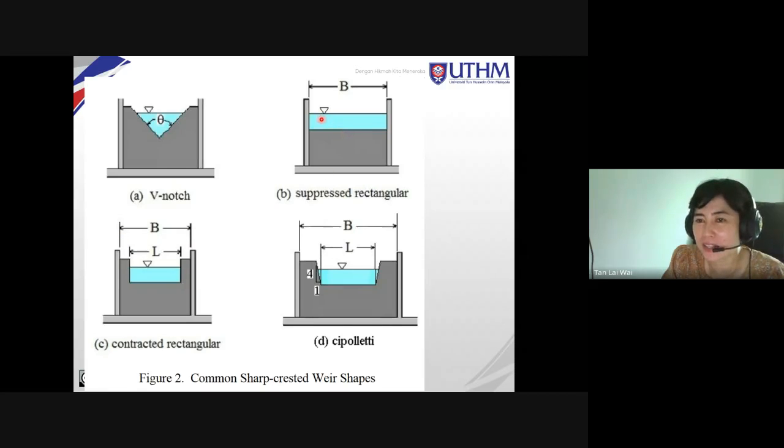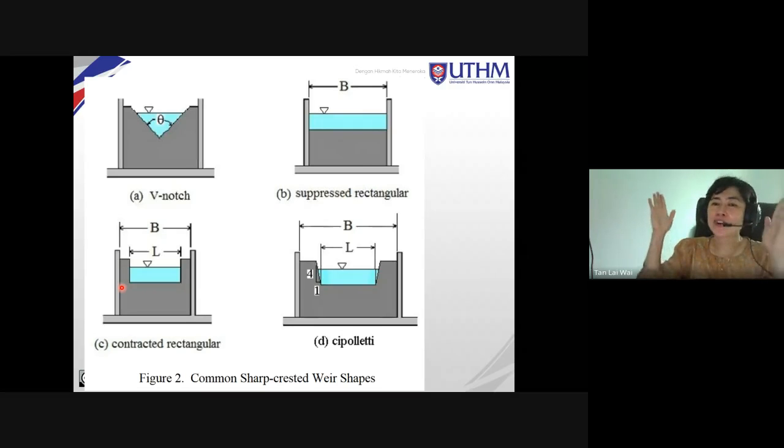In this case, the opening of the weir is as wide as the width of the channel. So this is suppressed. The side is suppressed, to the side of the channel.